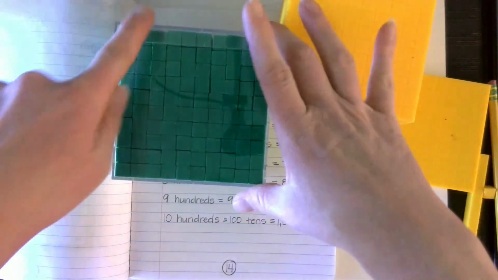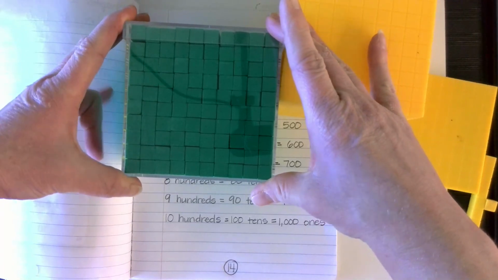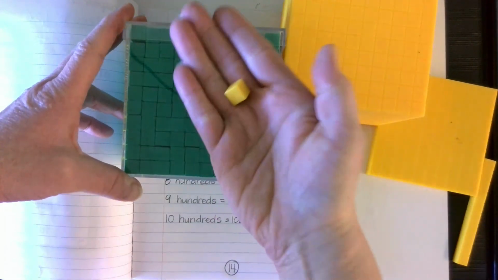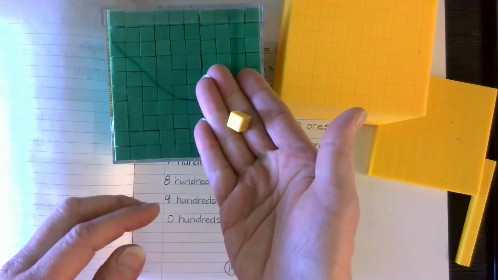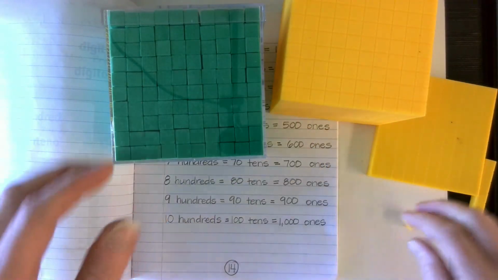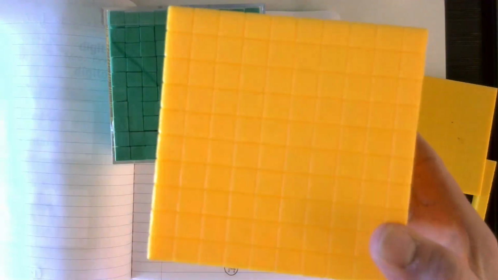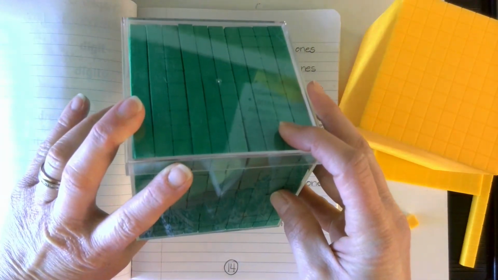I'll put the lid on that, and you can see on the side all the different tens. And if I had another block and we had a lot of time, we could put 1,000 ones in a plastic box, and you would see that that's the same size as well. Okay. So this is 1,000. It's the same as 10 hundreds, and it is also the same as 100 tens, as you see here.